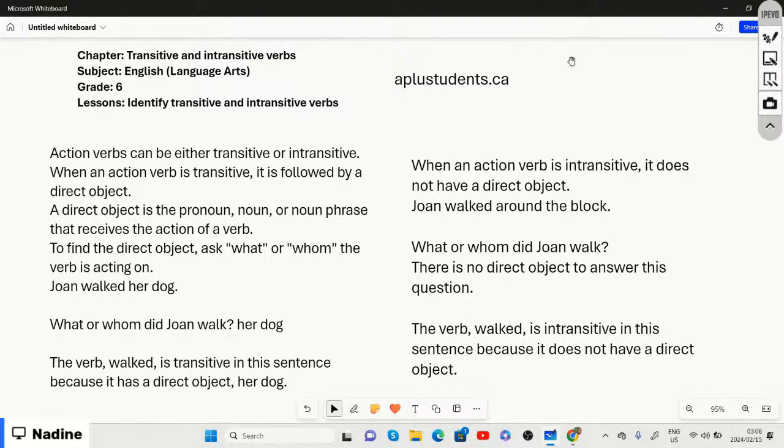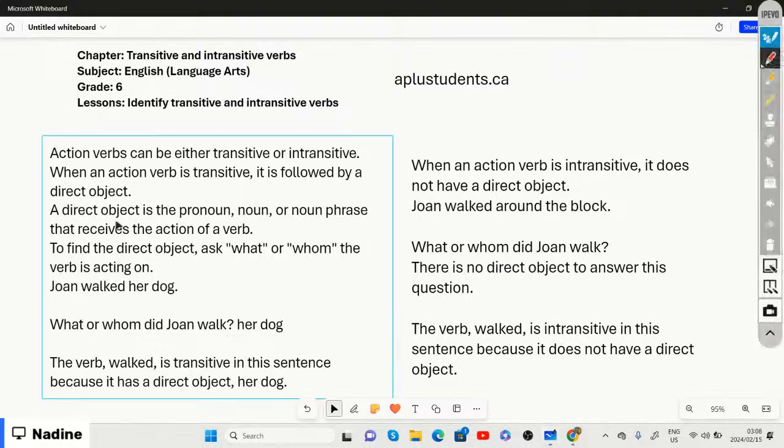So when it comes to transitive and intransitive verbs, action verbs can either be transitive or intransitive.